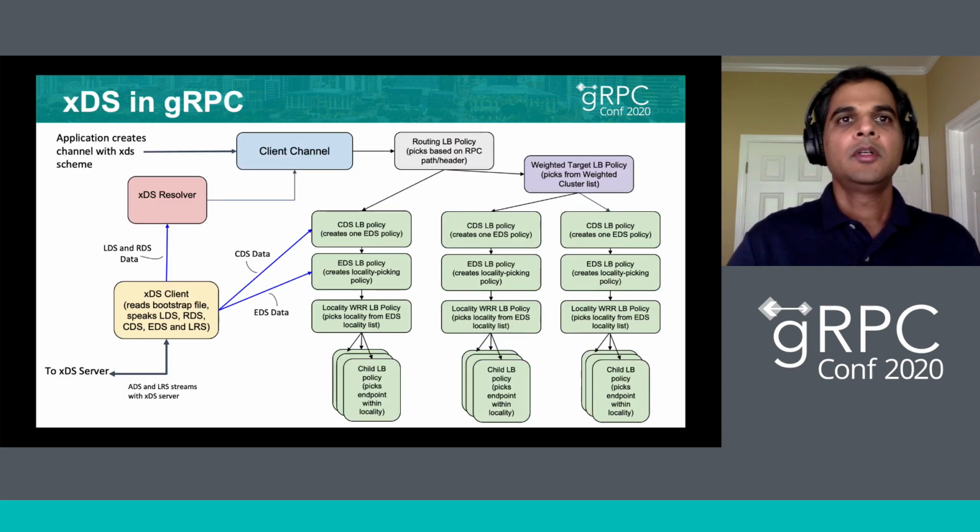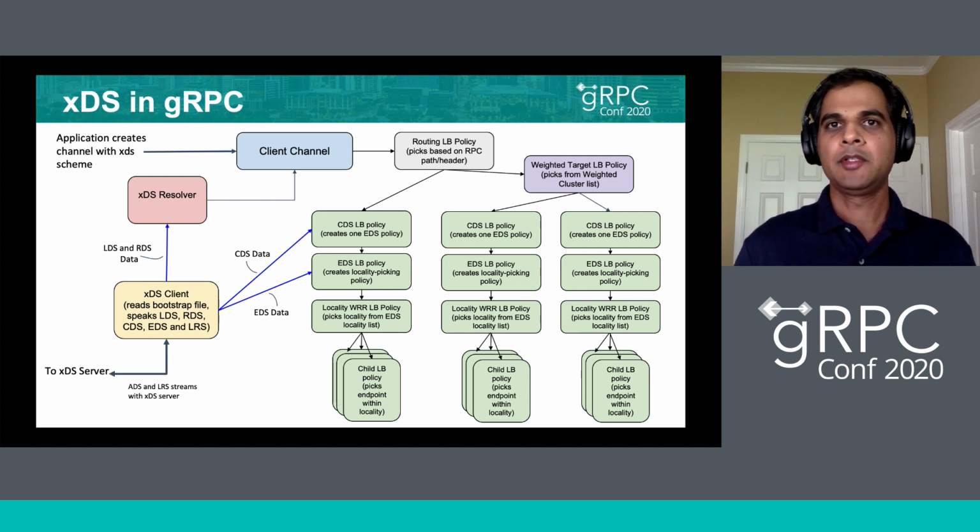So this is what the implementation of xDS in gRPC looks like. It is not as scary as it looks. It is a very modular design that maps the concepts of xDS APIs and integrates well with the gRPC client channel design. There is a common xDS client implementation on the left that talks to the xDS server.